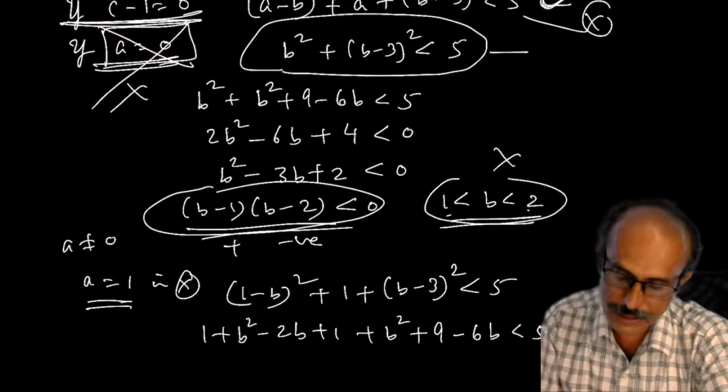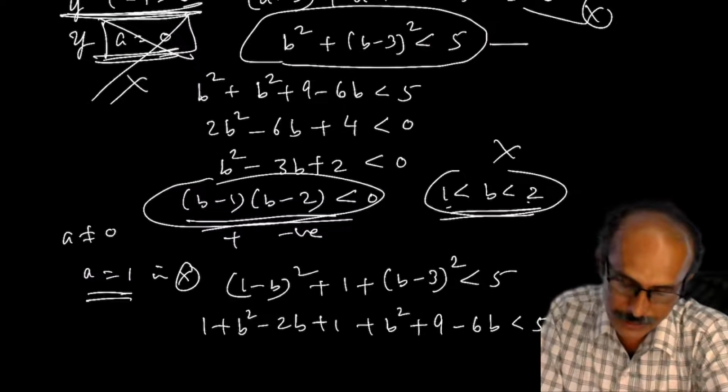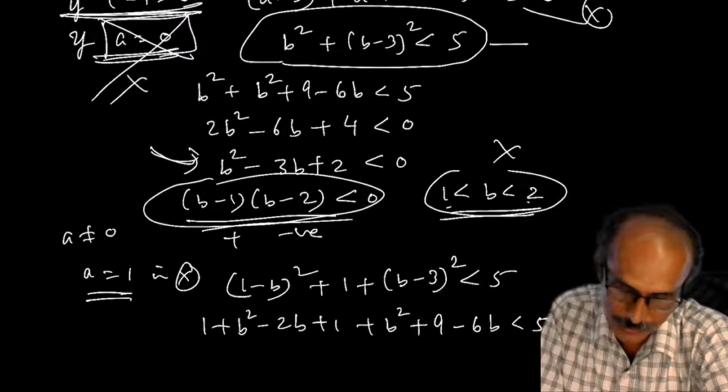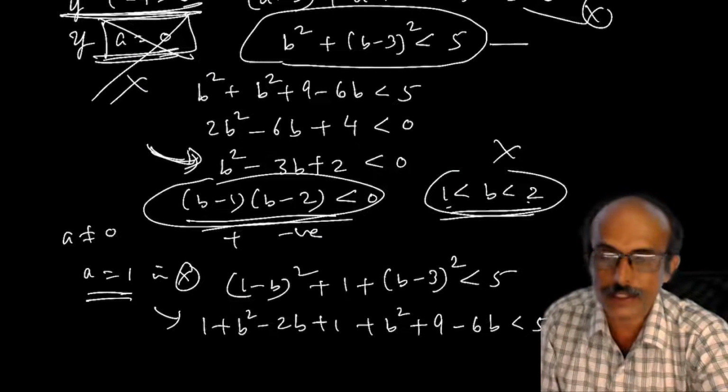Let us see, it simplifies to a quadratic in b. In this step also you are getting a quadratic in b. Here also you are getting a quadratic in b.